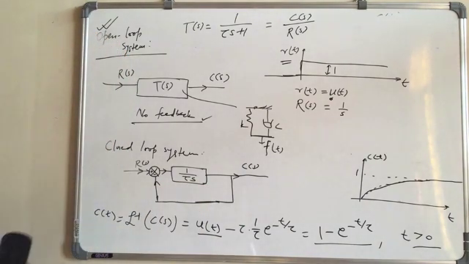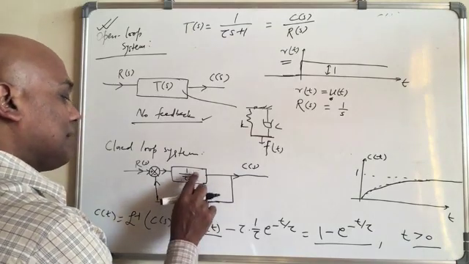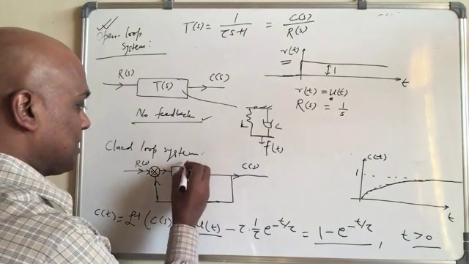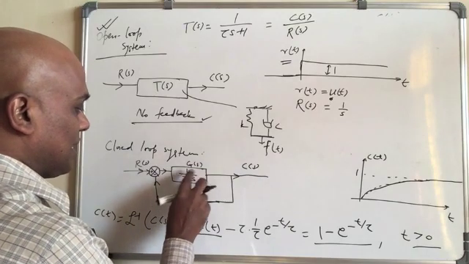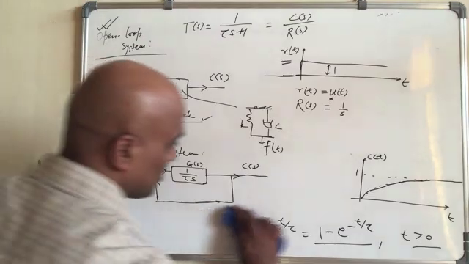Why? So if the feed forward transfer function, this is Gs, right? So we call it Gs, is 1 over tau s.